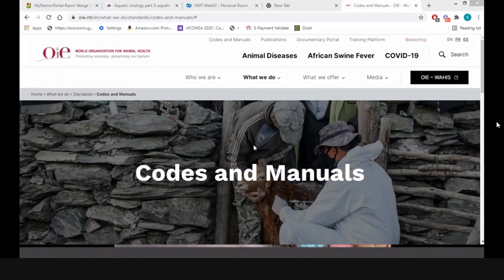OIE has the codes and also the procedures and manuals for animal health, including livestock, haiwan daratan, and also aquatic animal. So when a country or a location wants to declare, especially a country like Malaysia want to declare the outbreak or a new disease for the first time, they have to follow the method which are in these rules and regulation, and they have to report to OIE.